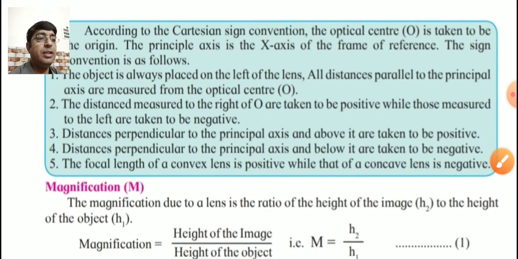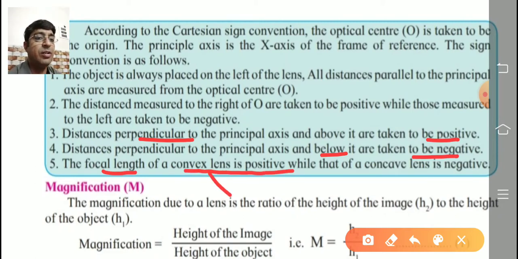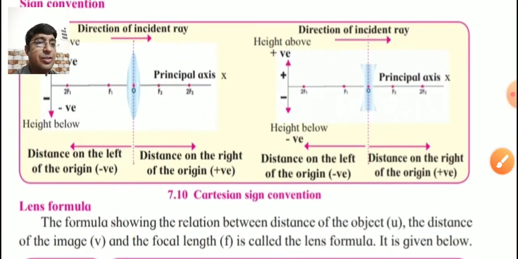Distances perpendicular to the principal axis and above it are taken to be positive, and below it considered to be negative. Focal length of convex lens is positive, and that of concave lens is negative. So these are the points given about the sign conventions.